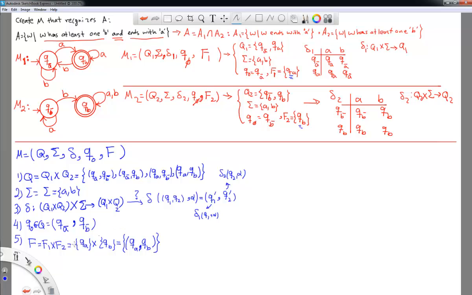Just again, I'm going to try to make it clear. If I have the delta that takes a pair of states and a symbol, it's going to generate a pair of states. The first state of the pair that's generated is delta sub 1 of q sub 1 and alpha, okay? And then the second one is going to be delta sub 2 of q sub 2 and alpha.